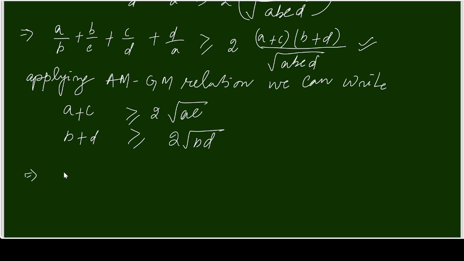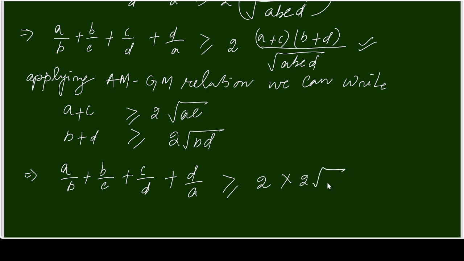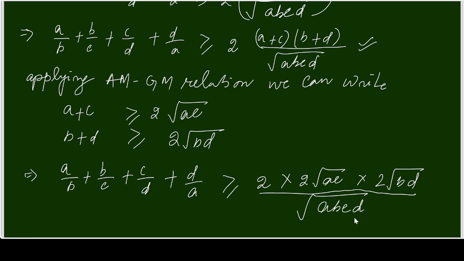So we'll get A over B plus B over C plus C over D plus D over A is greater than or equal to 2, again 2 times the square root of AC, times 2 times the square root of BD, over the square root of ABCD.